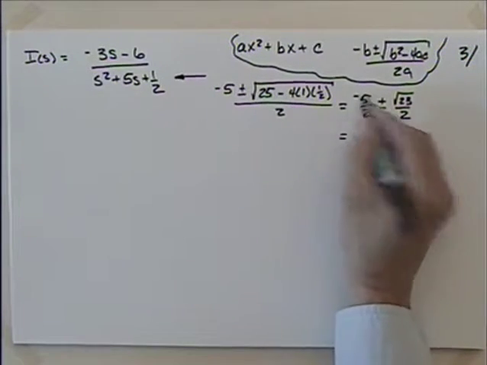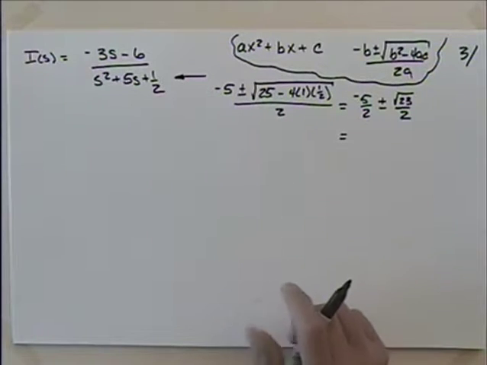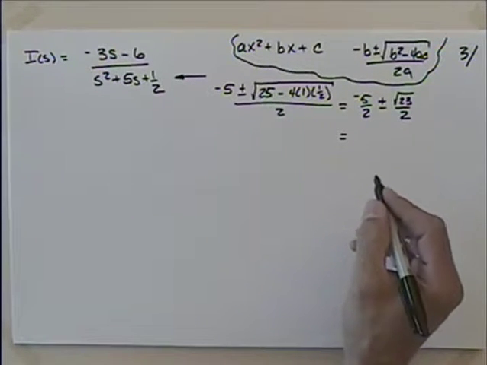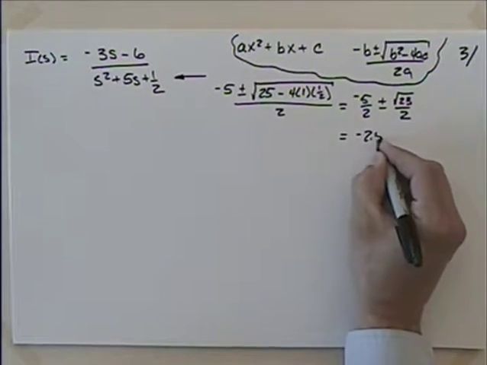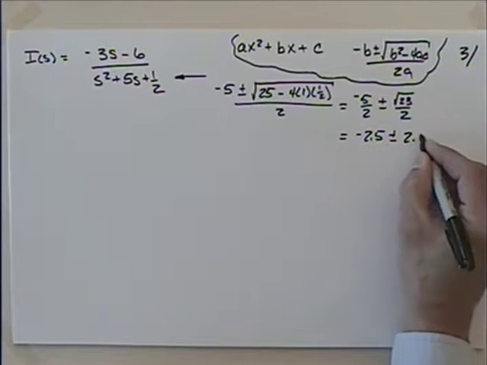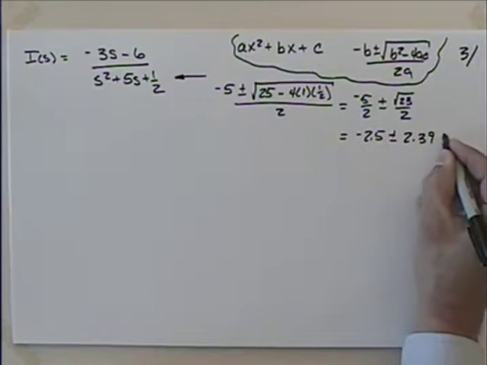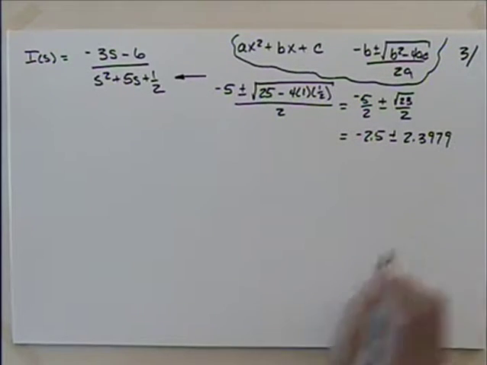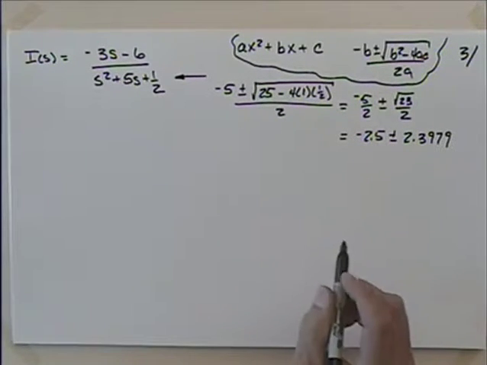Let's see, I lost a negative sign. That should be negative, yeah. So I've got minus 2.5 plus or minus 2.3979. I've got a decimal.